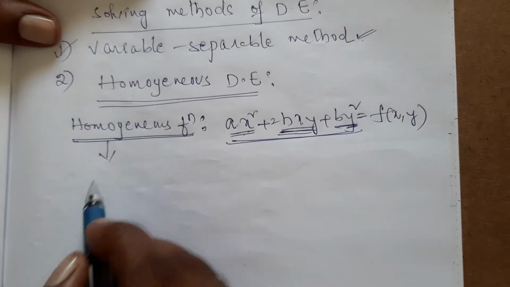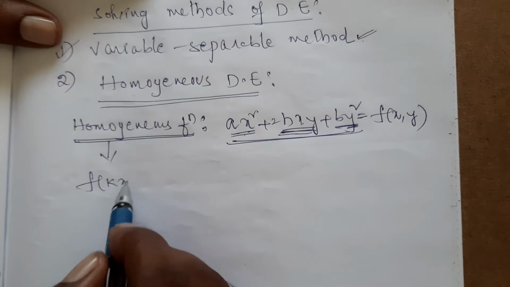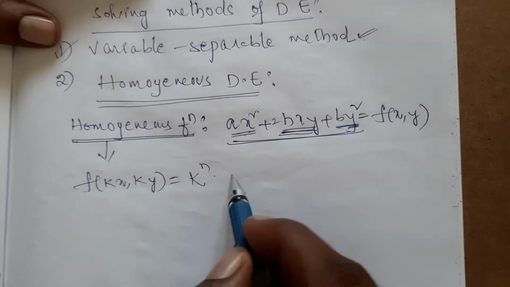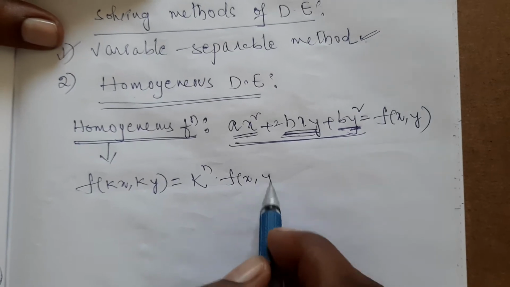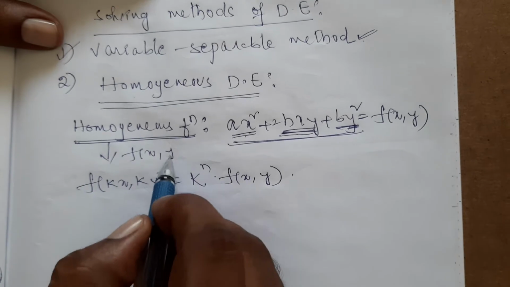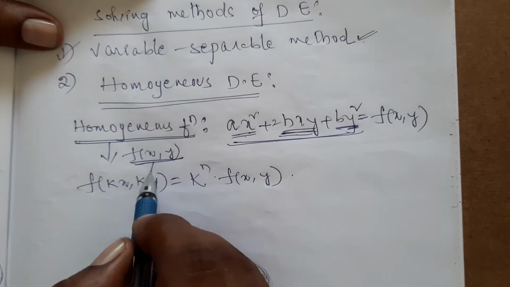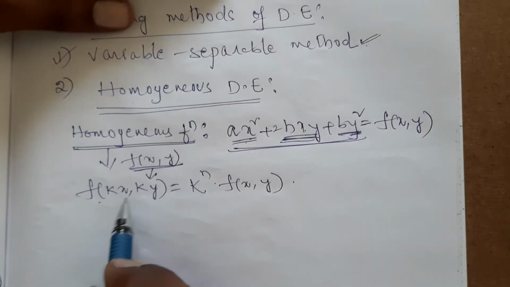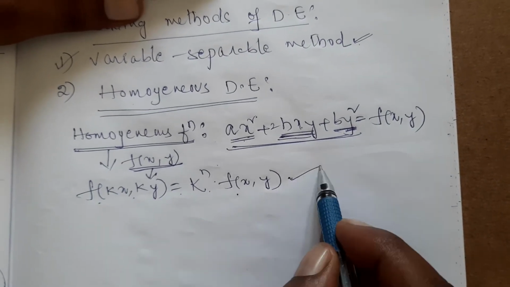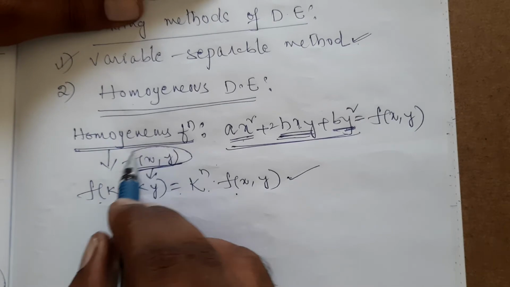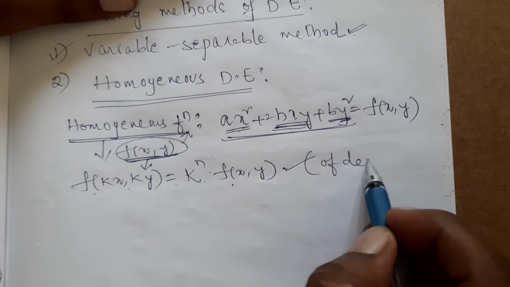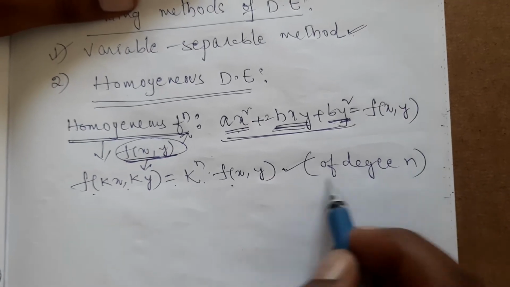Here is one more definition. f of kx comma ky equals k power n into f of x comma y. If you are able to write f of kx comma ky equals k power n into f of x comma y, then the function f of x comma y is called the homogeneous function of degree n.